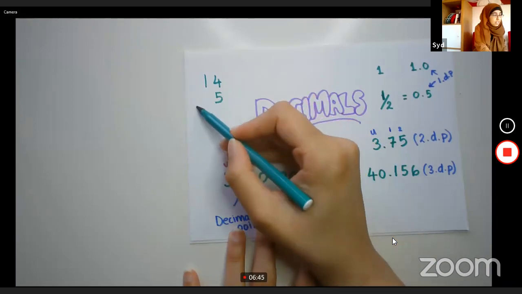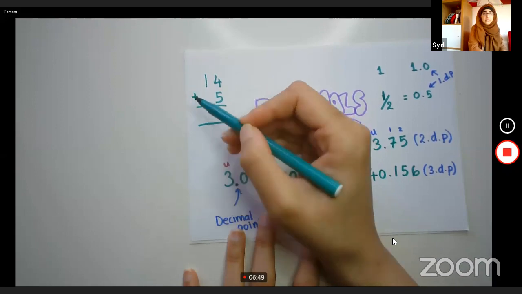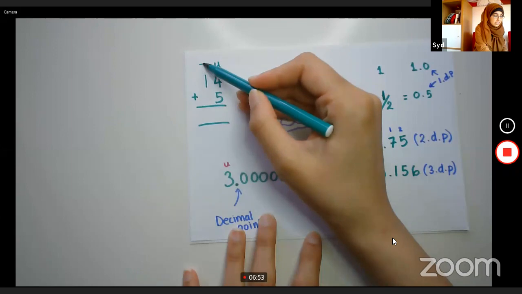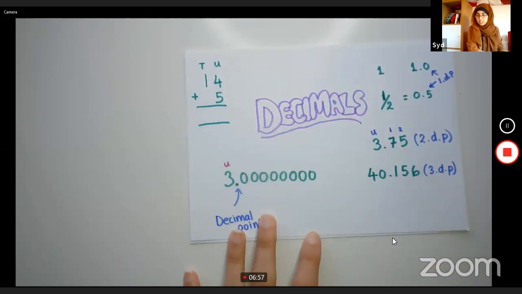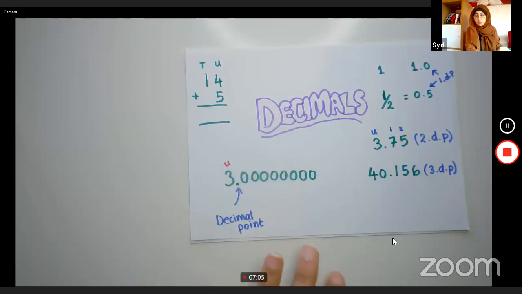So if we have 14 plus 5, we line up the units and we line up the tens. And then what we do is this is units, this is tens. Then we add up the units and then we add up the tens. Okay, so guys, tell me what the answer is to that. What is the answer to 14 plus 5? If you could tell me the answer, I'll write it there. Right, while you're typing that answer to me, I'm going to move on to a decimal addition.